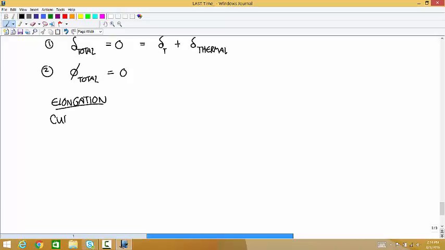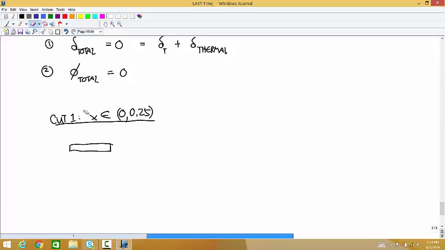Okay, so cut 1 is valid for x's between 0 and 0.25. And actually, maybe let's just calculate the internal loads and not think about elongation versus torsion for now. You know, we'll just calculate them all at once and then go back and use the values we have.